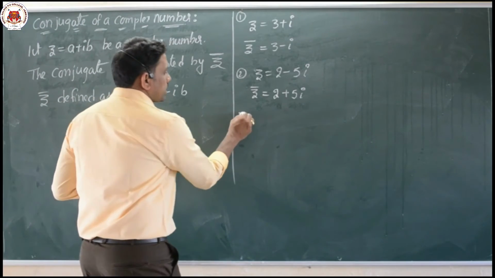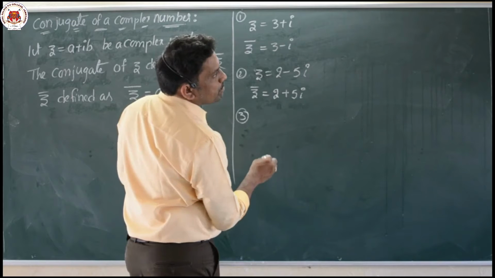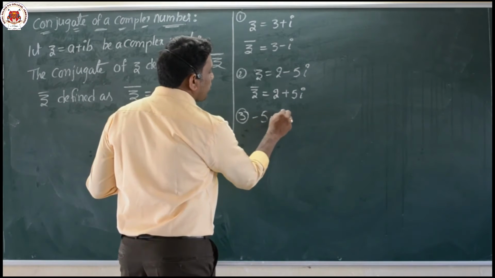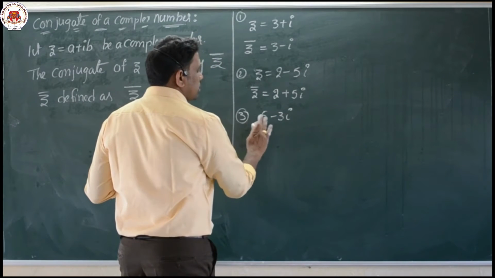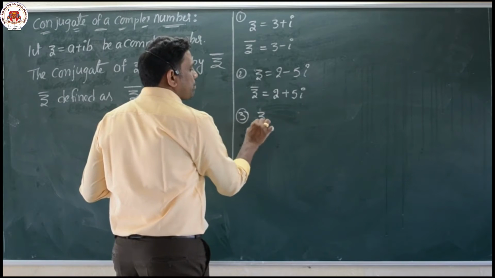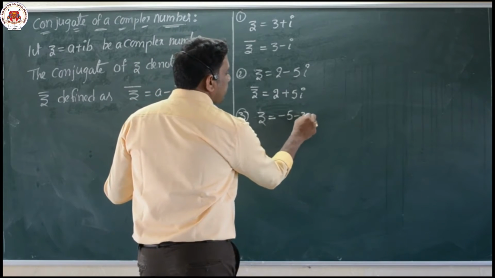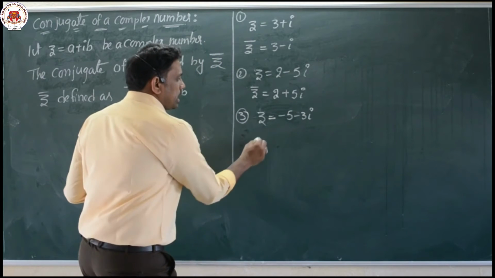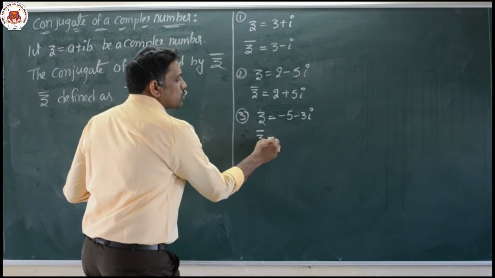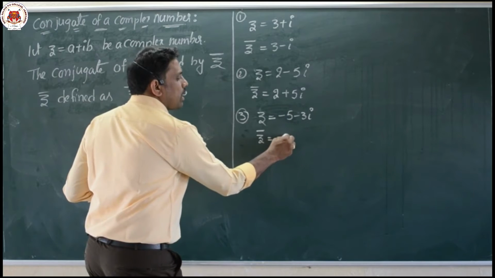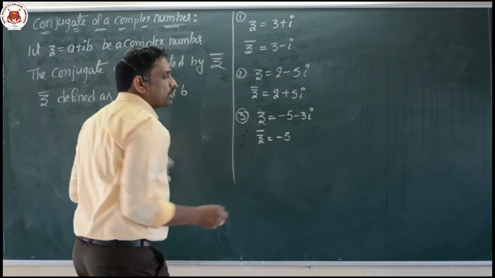Then we will take the third example: minus 5 minus 3i. For the complex number, we compulsorily mention z: z equal to minus 5 minus 3i. Then its conjugate is, don't change the sign of the real part. Real part no need to change.